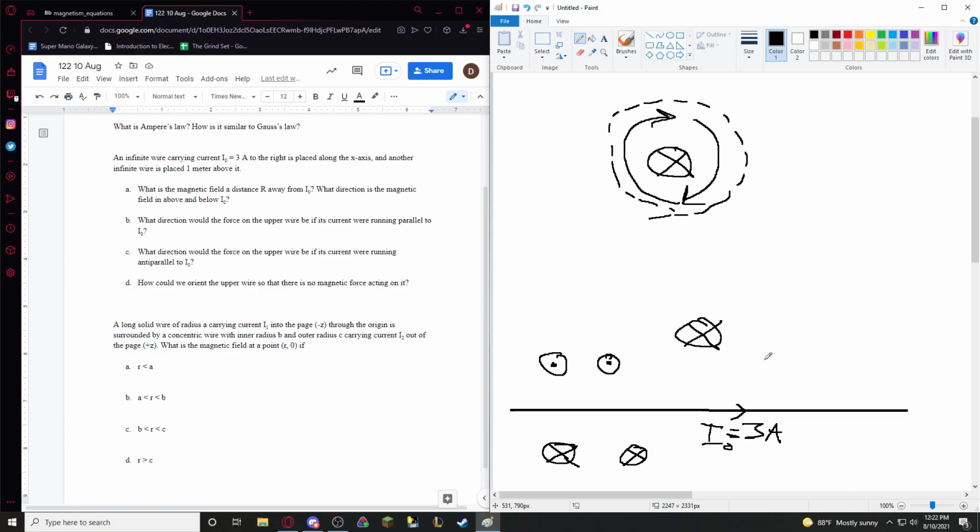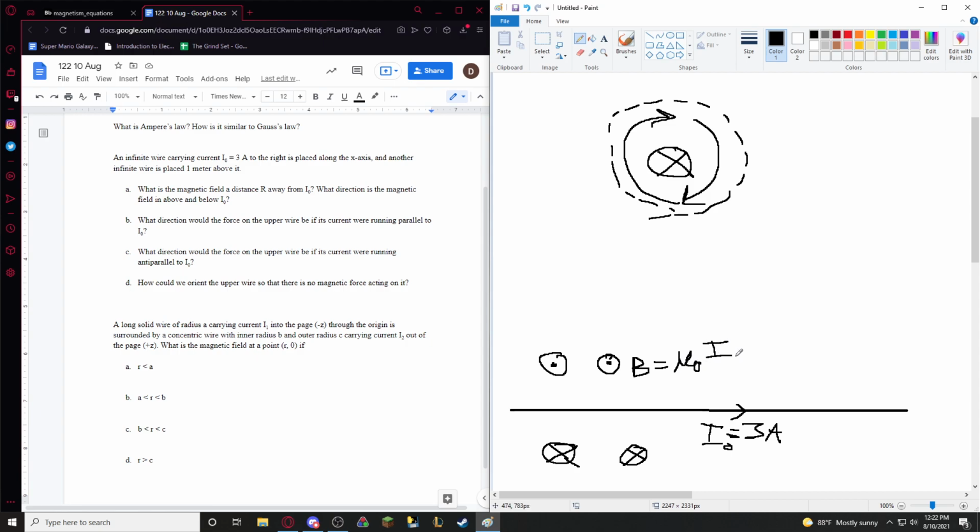We also forgot to mention, we found the direction of the magnetic field from the first wire. What would the magnitude of our magnetic field be? So it would be mu naught I over 2 pi r.